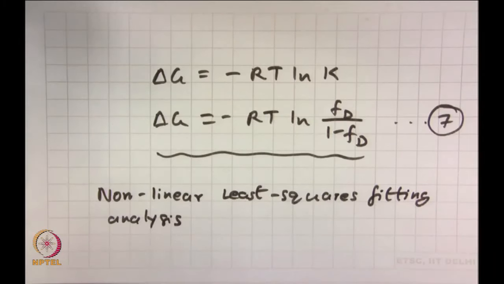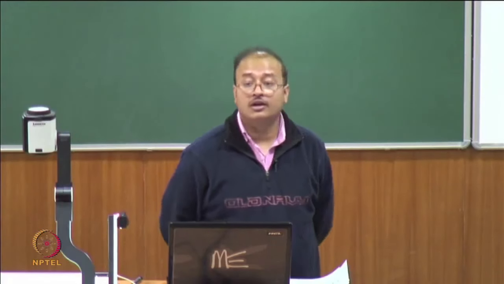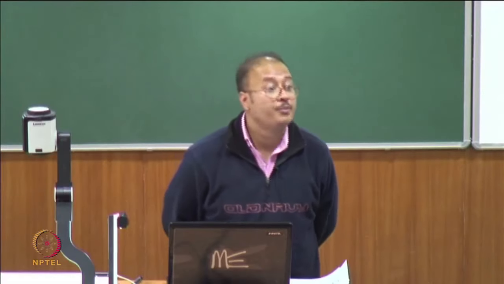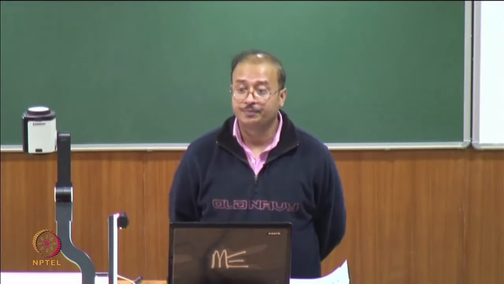And hence you will typically get all your parameters, Tm, delta G, then Mn, Bn. So essentially what you will get is Yn and Yd, which are the spectroscopic signals of your pure native and denatured.